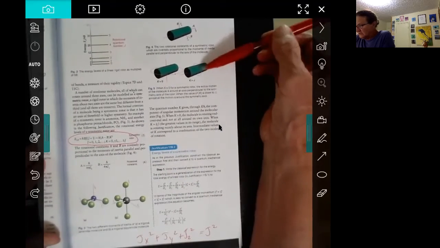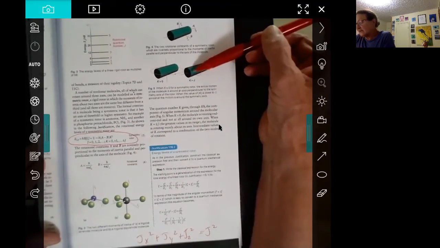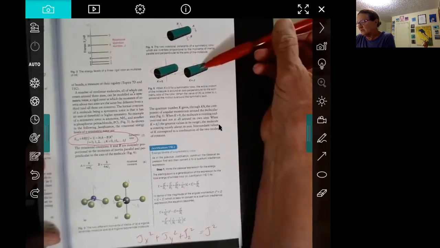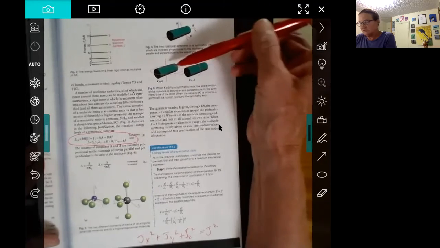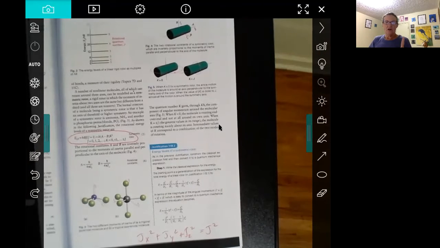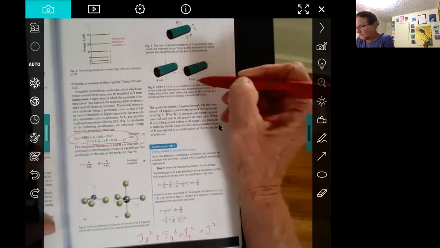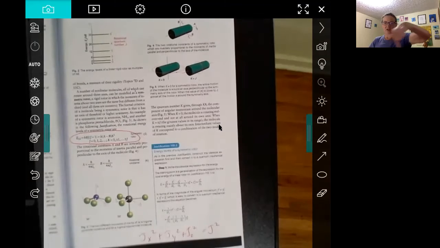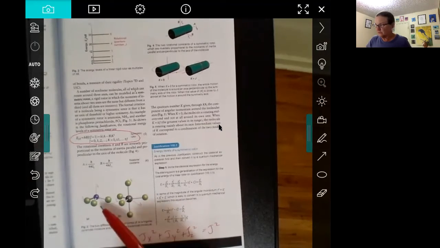So the J or the K term tells you how much of the angular momentum is about this unique axis and how much is about the other two. So you could have it so that all of the angular momentum is about that unique parallel axis, and then K would equal J. Or you could have the opposite extreme where all the angular momentum is about those two that are equal to each other.